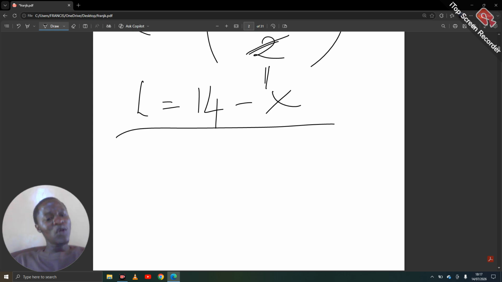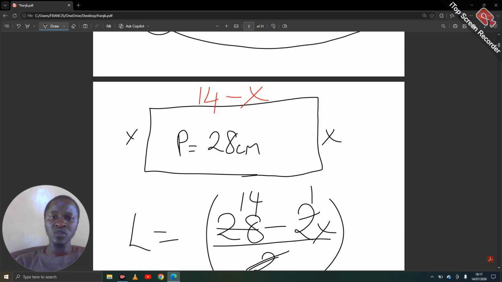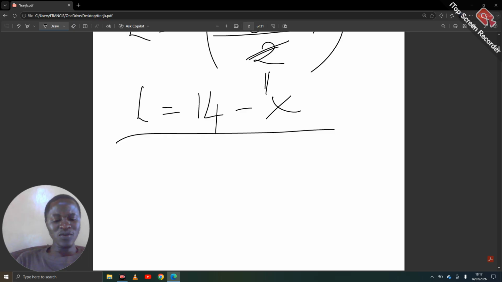Now to continue, remember, those are just expressions showing us that these are not the actual values that we need. The actual value that we need, we must calculate. Now, how do we get the area of a rectangle?